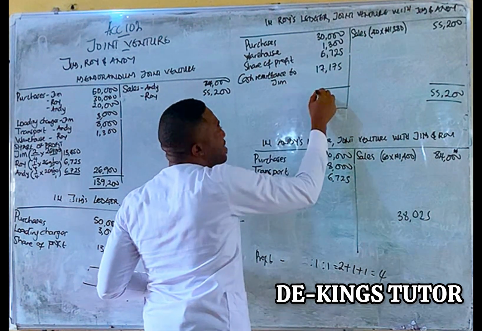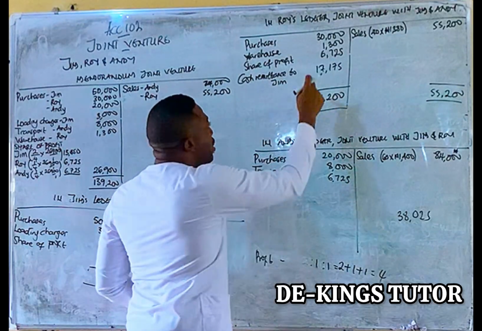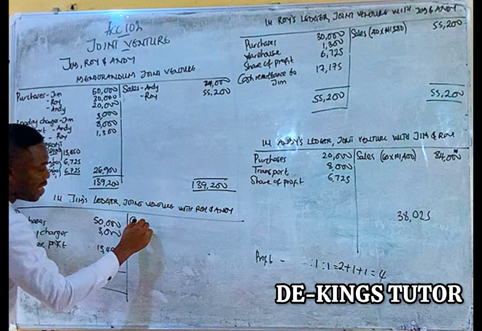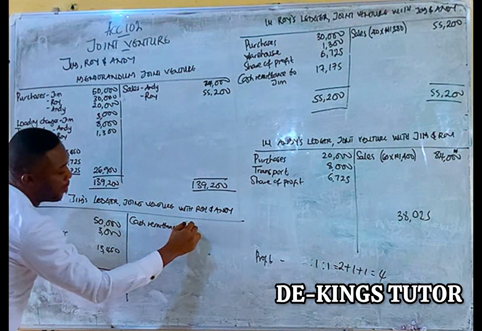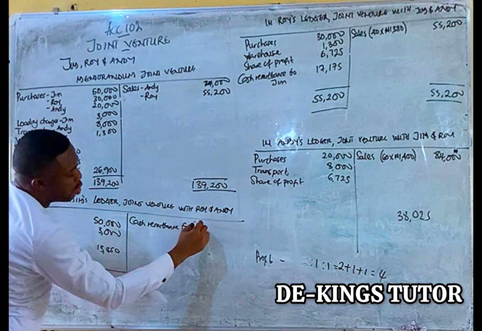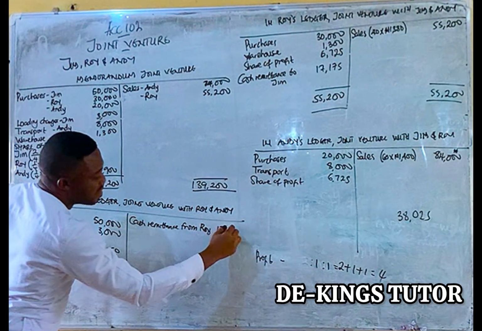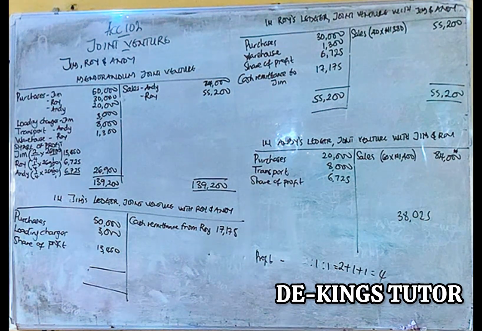So if we add this, this becomes 55,200. Right? So these amounts now will come here. So it will now be cash remittance from who? Roy. How much is it? 17,175. Right? Okay. That is one.